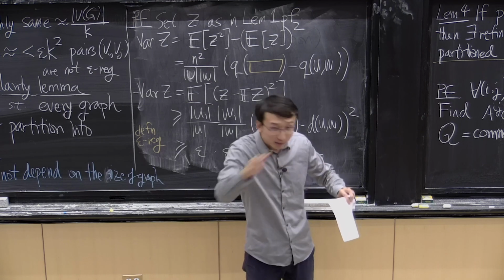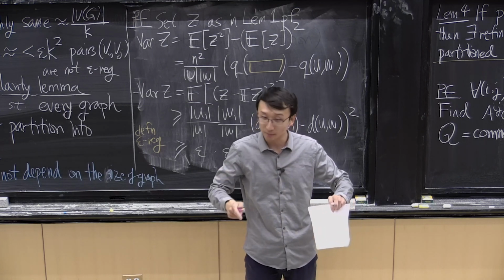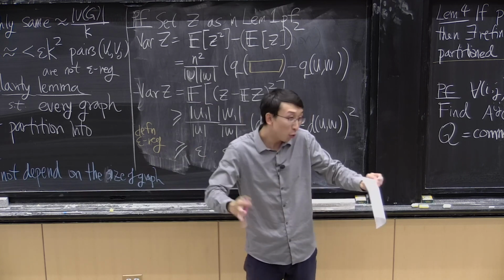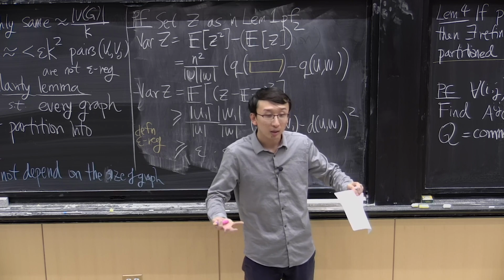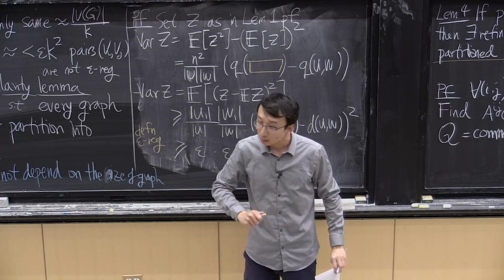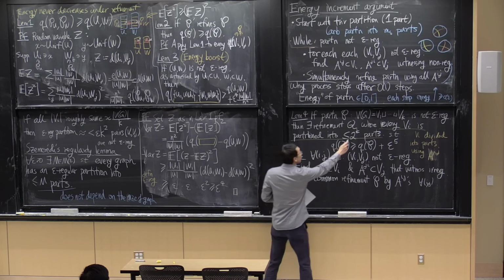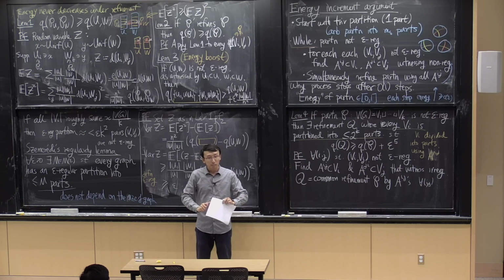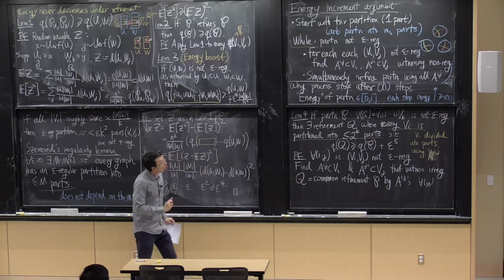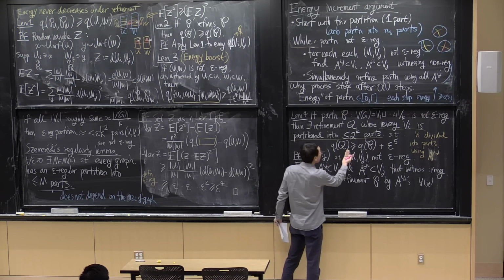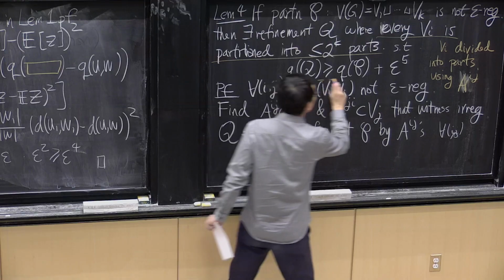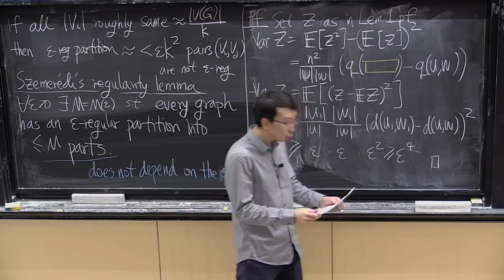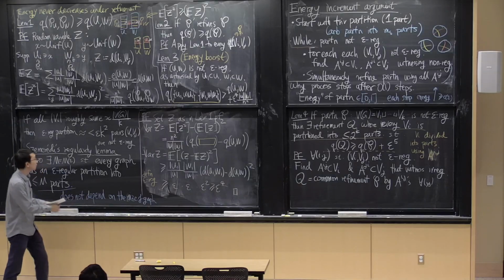So I'm cutting up Vi using at most k sets, one coming from each of the other parts, maybe fewer than k, that's fine, but at most k sets are used to cut up each Vi. So you have at most 2 to the k parts once you cut everything up. All right, so the tricky part is to show that you get an energy boost. So, okay, let's do this. How do we show that you get an energy boost?